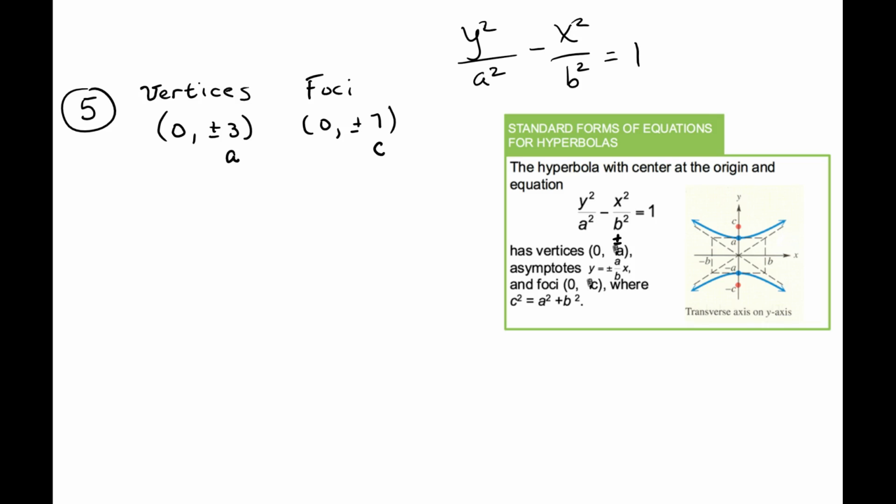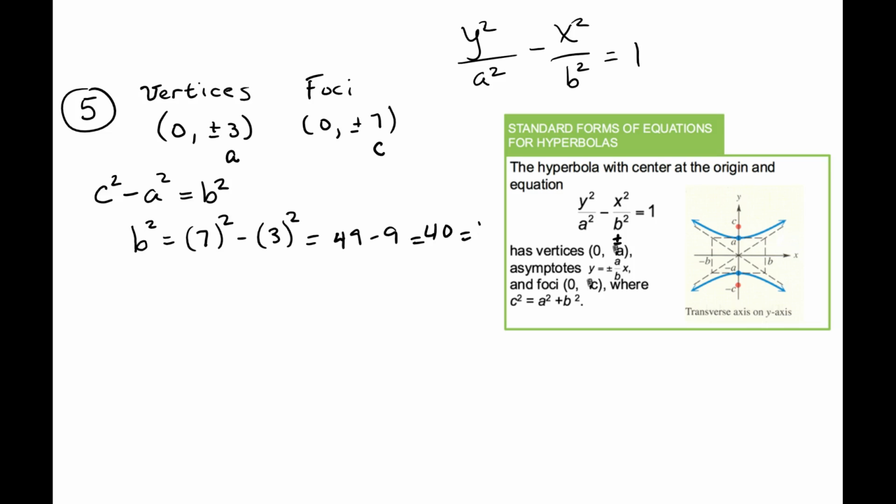Okay? Because we've got A, we've got C. So again, C squared minus A squared will give us our B squared. So B squared will equal 7 squared minus 3 squared, which is 49 minus 9, which is 40. So 40 equals B squared. And again, we really don't care what B is.